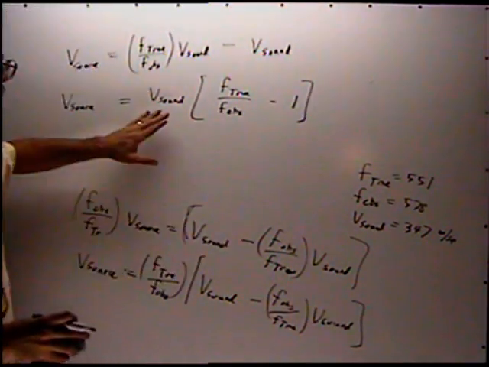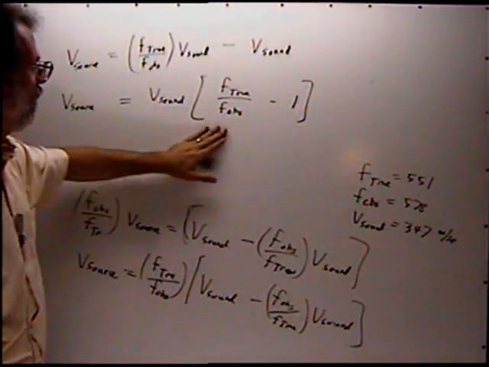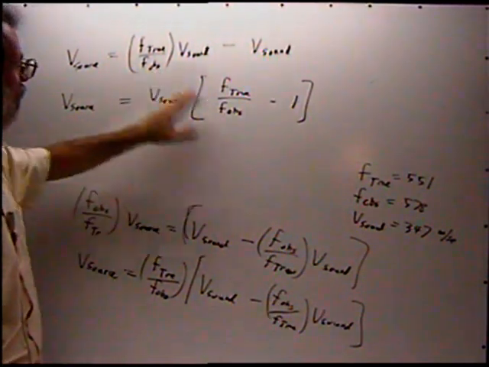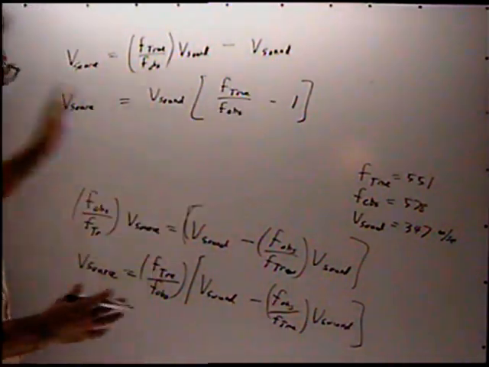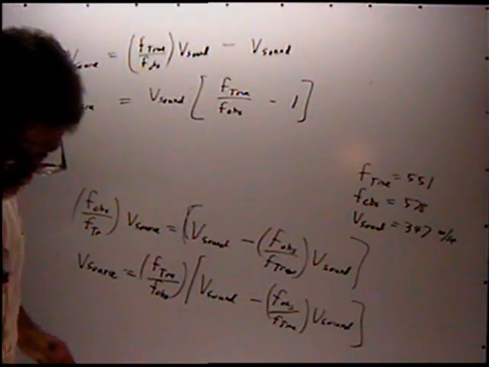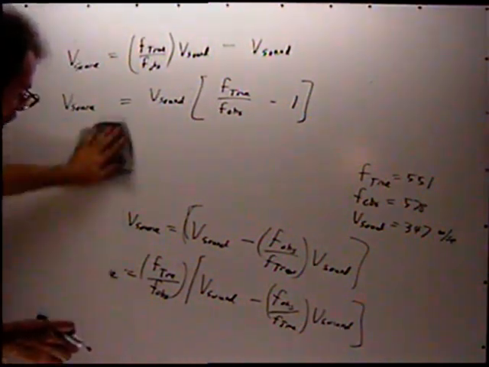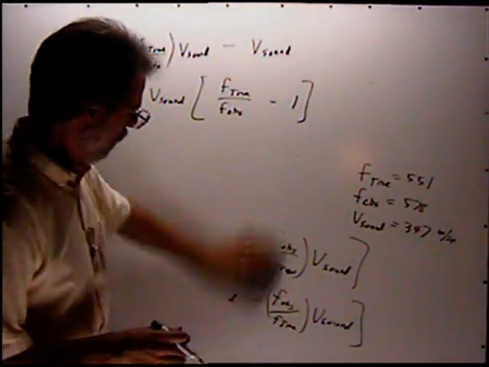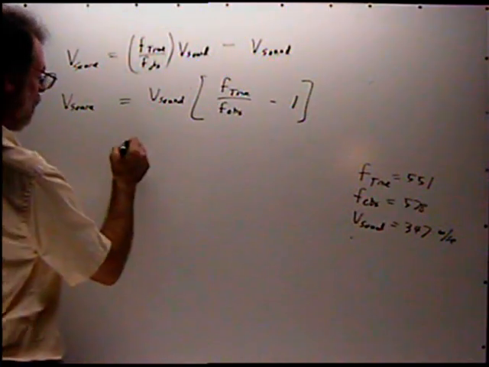You can see that when I factored out the V sound, the first term is this, and the second term becomes a minus 1. So my equation now looks quite easy, finally. I've boiled it down using algebra, and this is how I hope you would do it. Use algebra to boil the equation down to what you need it to be, and then you simply plug in.